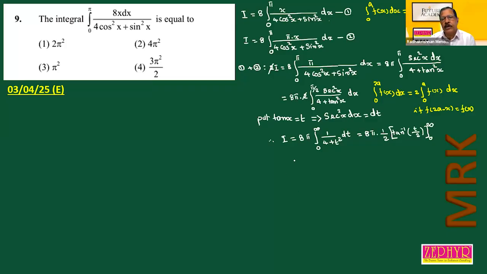So this is equal to 4 pi into tan inverse infinity minus 0. What is tan inverse infinity? That is pi by 2. So we are getting 2 pi squared. The answer is 2 pi squared.